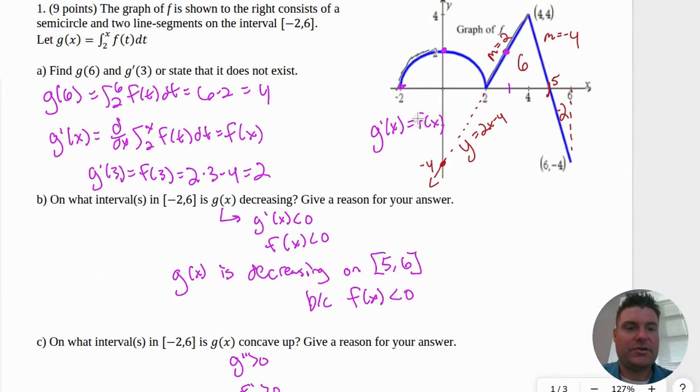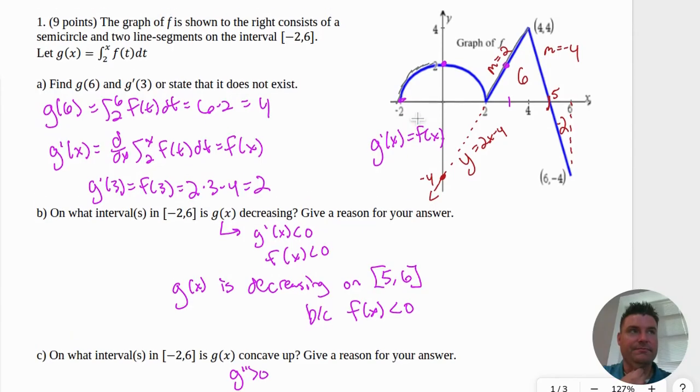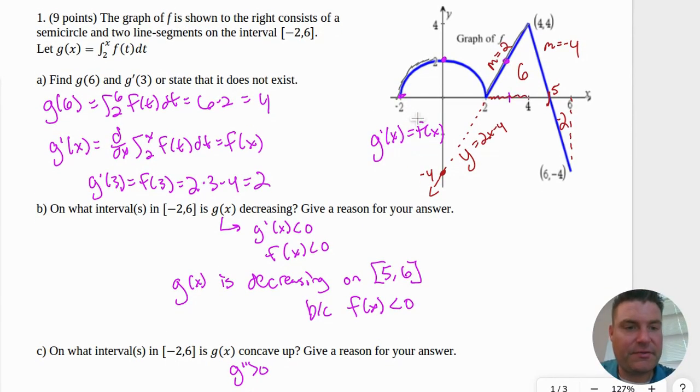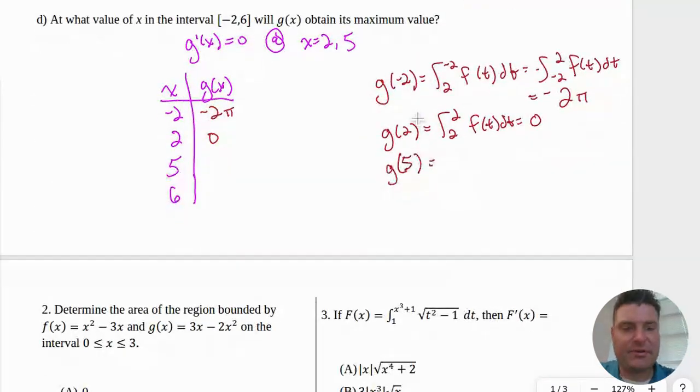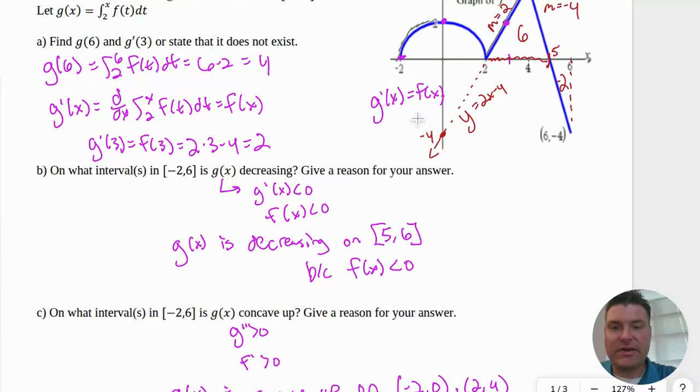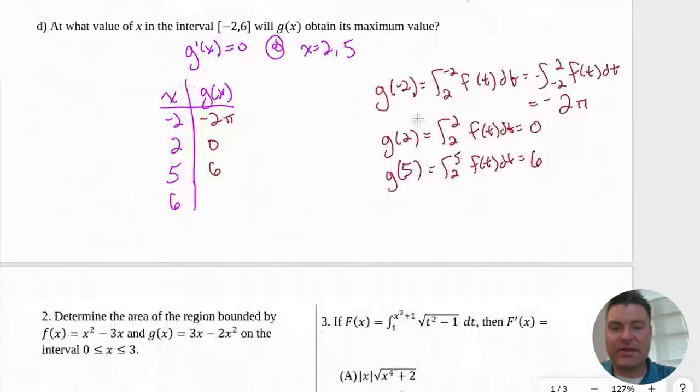Okay, so I already did this little section up here because I said that this triangle from 2 to 5 is 6, so I already did that part. This is 6. And now I just need g of 6, which I did that already up here. So I already did g of 6, so I can go ahead and copy and paste that down to here.